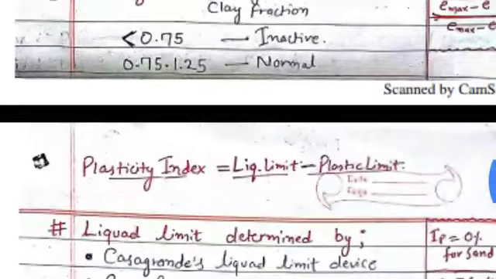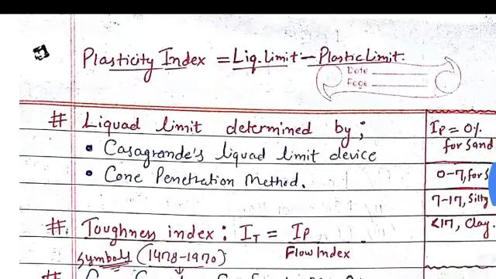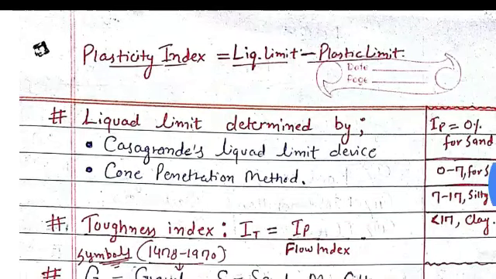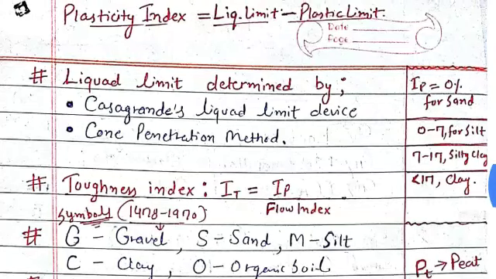And next one is plasticity index. Plasticity index equal to liquid limit minus plastic limit, and liquid limit is determined by Casagrande's liquid limit device, and cone penetration method.